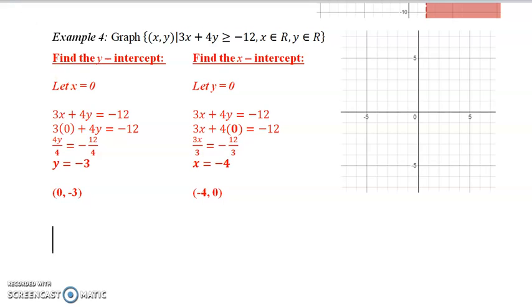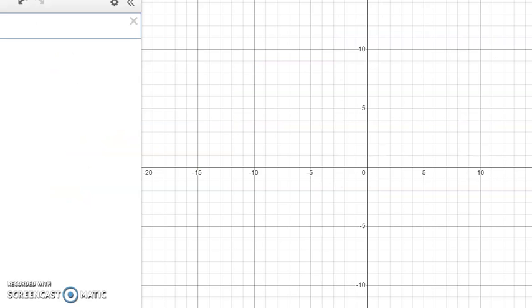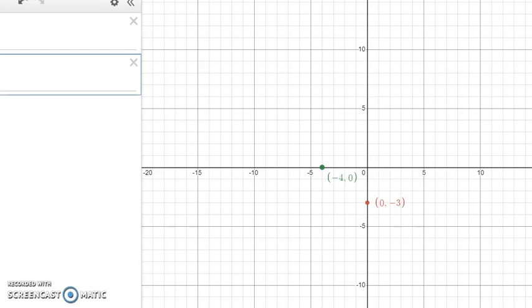So to graph this in Desmos, we just get the Desmos program up. We're going to graph those 2 points, 0 and negative 3, and label that. And then we graph negative 4 and 0 and label that point.